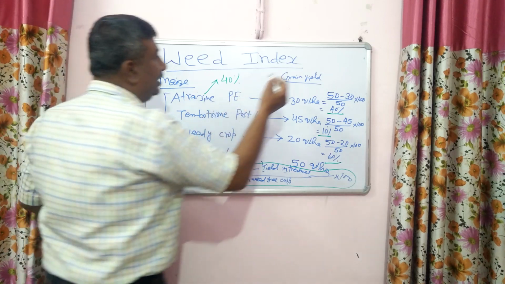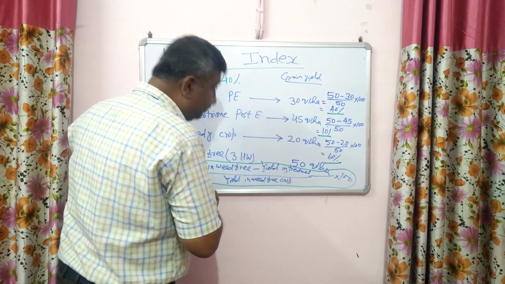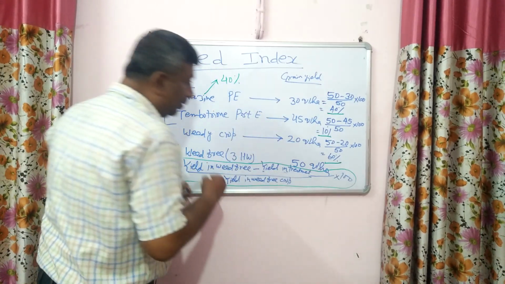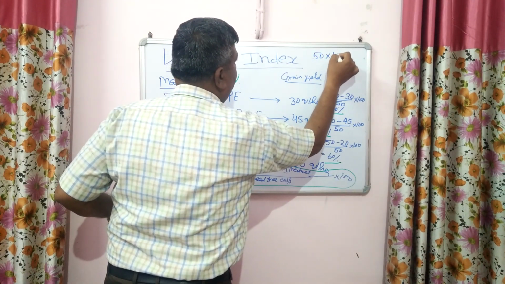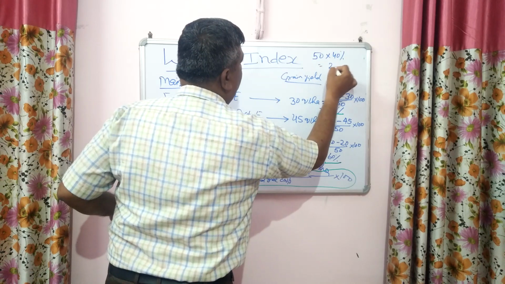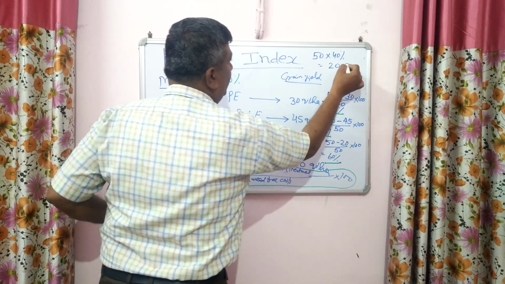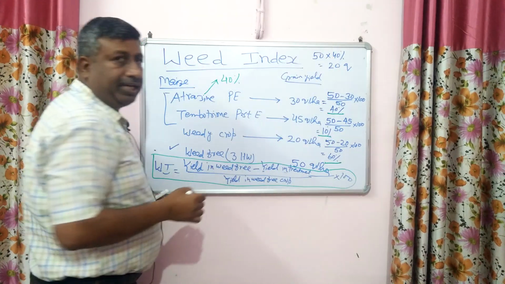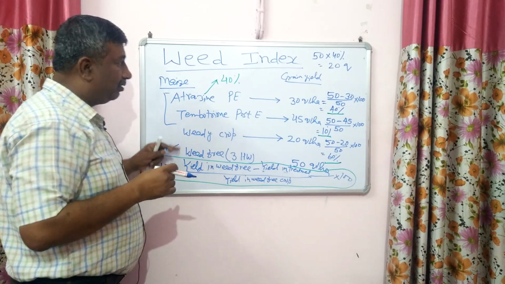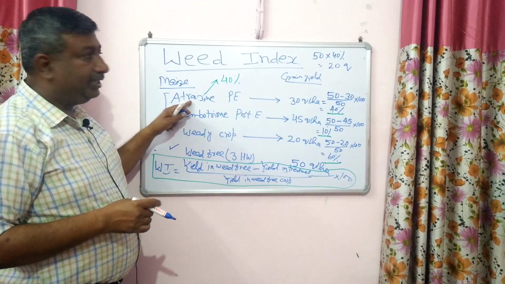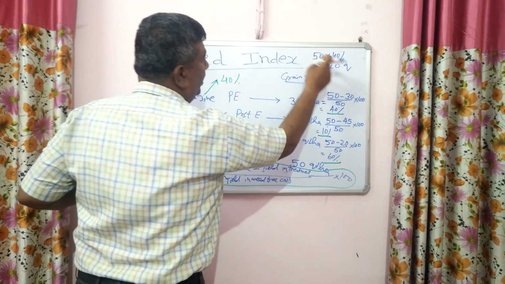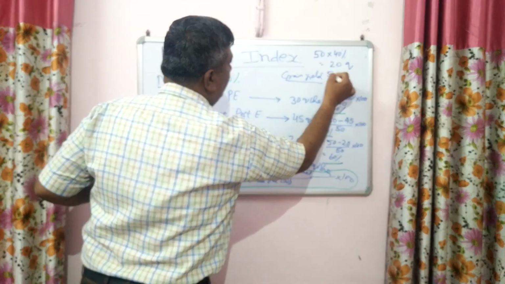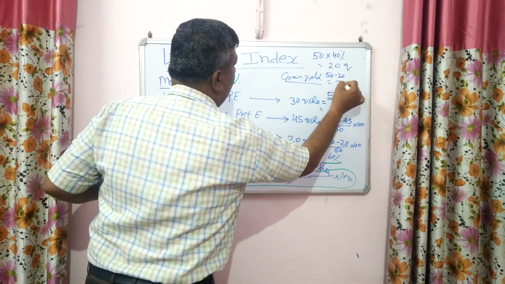So 50 quintal is in weed free, and it's 40%. What is the 40%? 20 quintal. So 20 quintal reduction is in the atrazine crop. It means 40% yield reduction is in atrazine. You can write 50 minus 20, how much is it? 50 minus 20, that is 30 quintal.